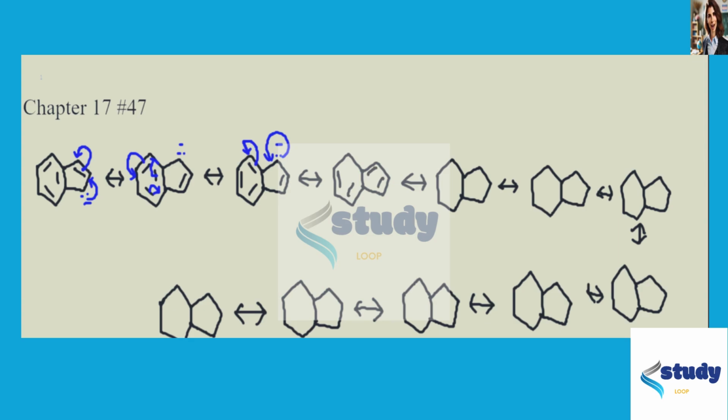Now our lone pair is at the top of the 6-membered ring. Now they can go here. This bond can break. So now we have this, with a lone pair and a negative charge there.